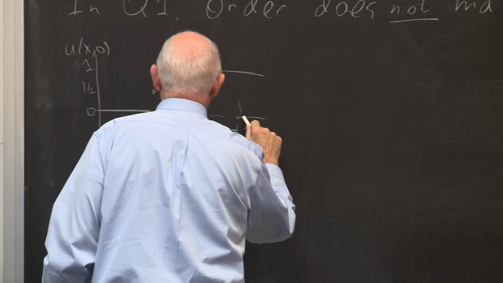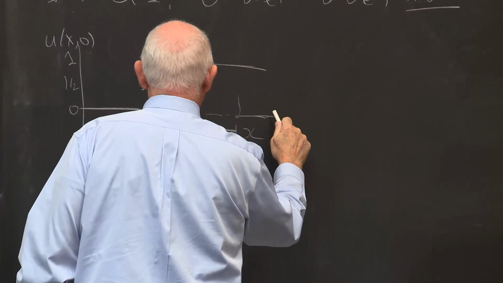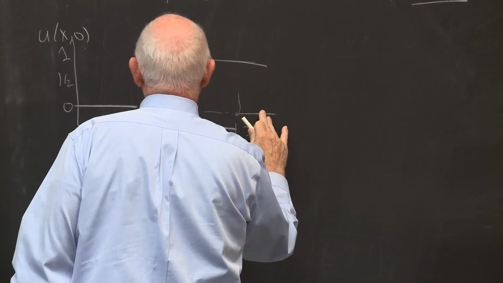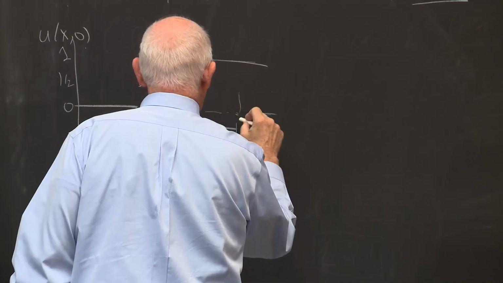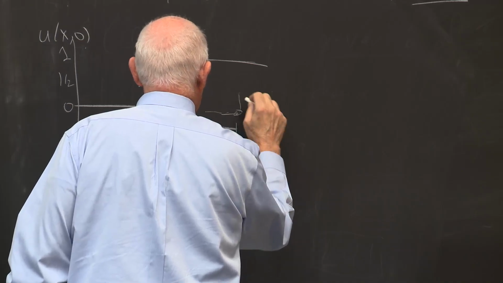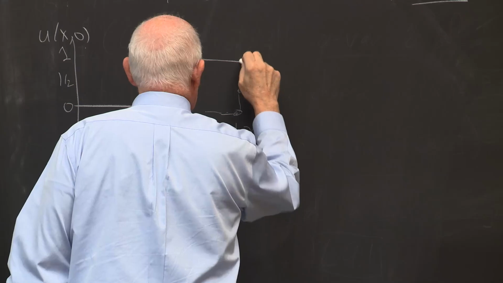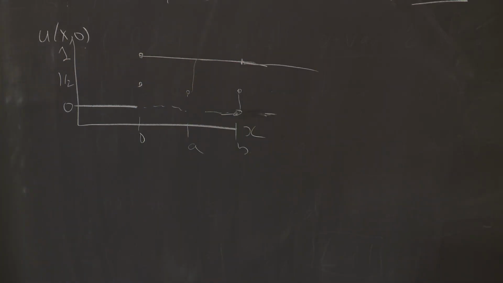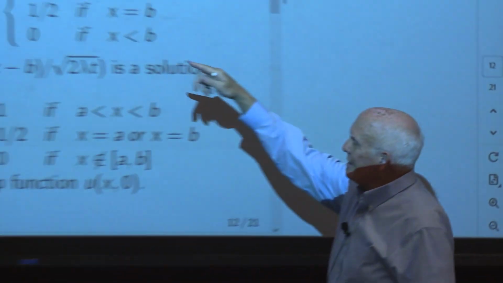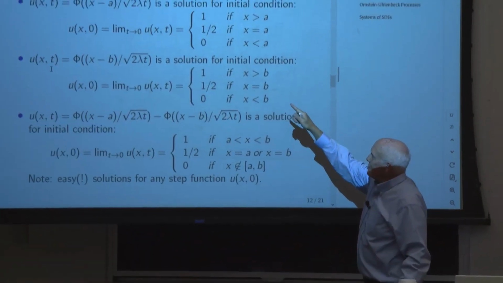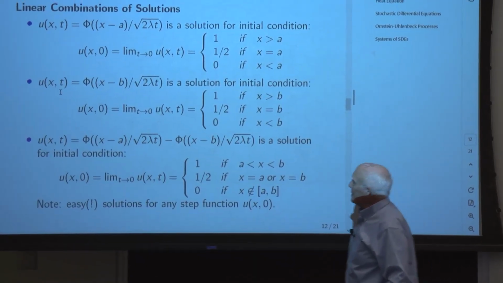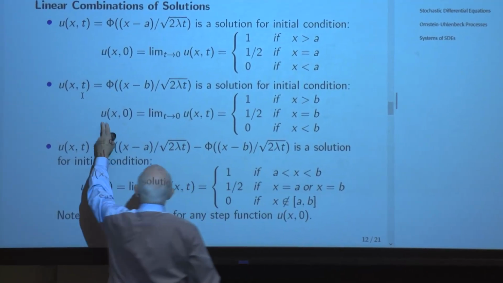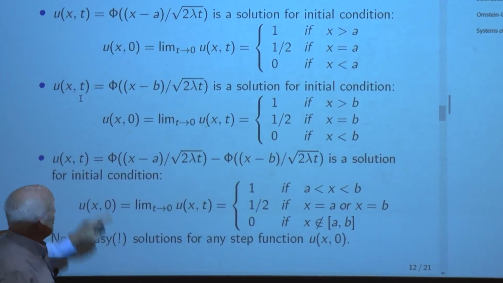So at A we have the same, and then at B we have the same: 0 up to B, and then 1/2 at B, and then 1 beyond. So we basically have two step functions where the steps are at x equals A and at x equals B. Both of these u functions will satisfy the heat equation.